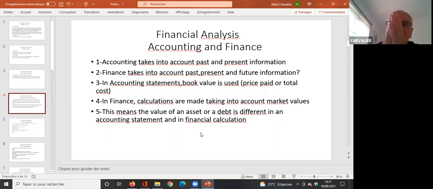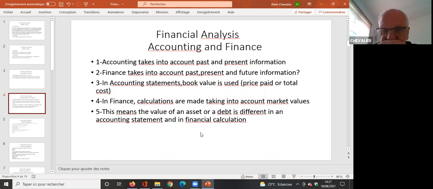So finance is a mixture, excuse me, between measures of past operation up to the present time, using basically the accounting system, and of future information coming from other statements, other forecasts, and they are provided with some kind of probability or uncertainty. So we mix two different worlds, in fact.